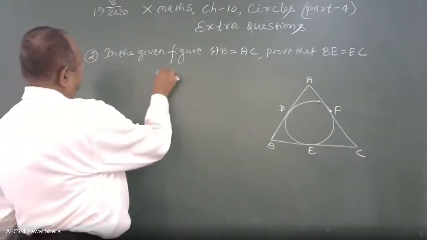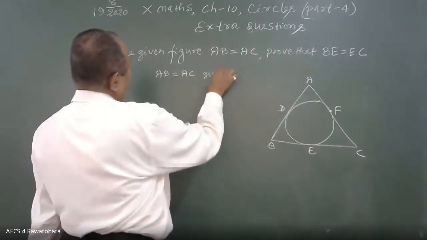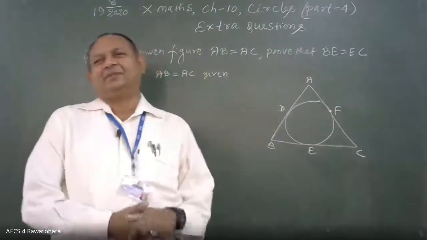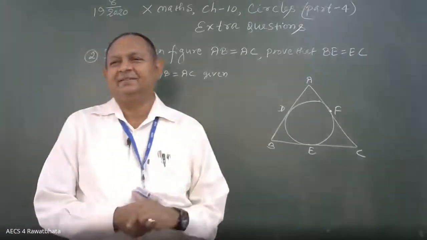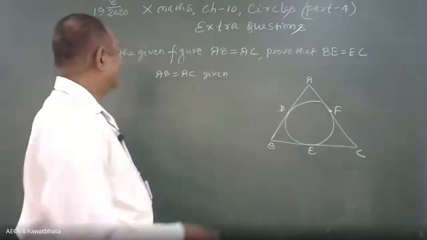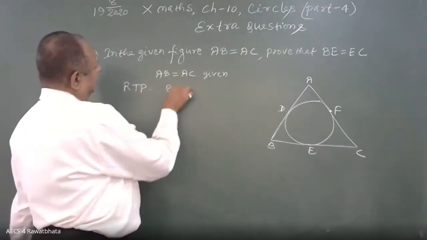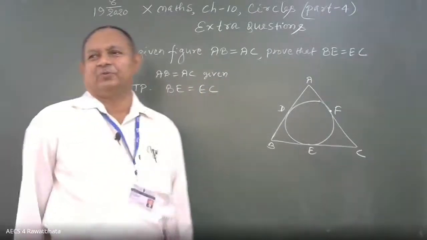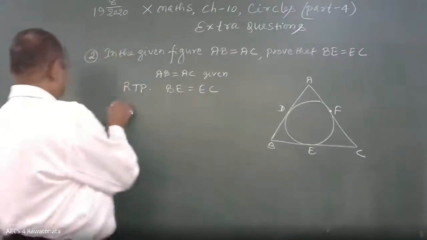It means triangle ABC is an isosceles triangle. Required to prove: BE is equal to EC. This we have to prove. Now proof.